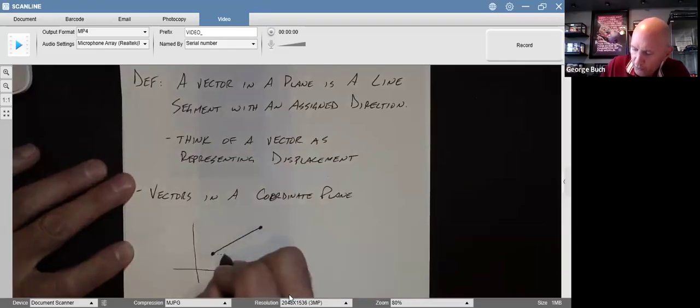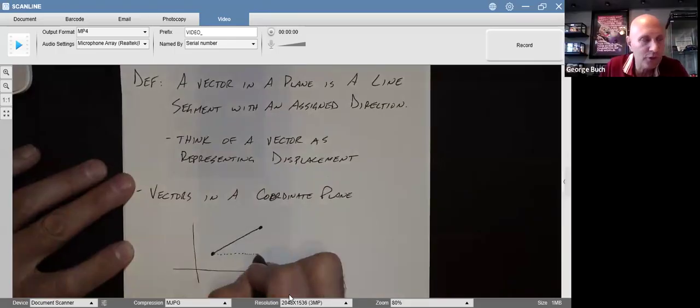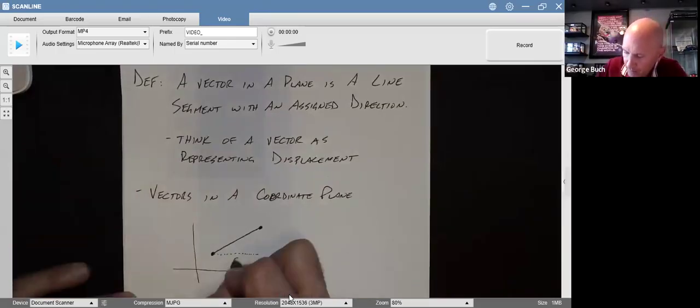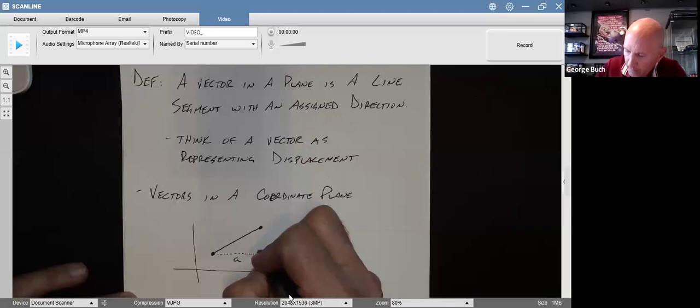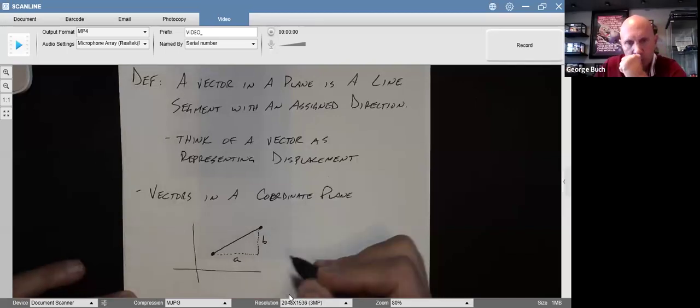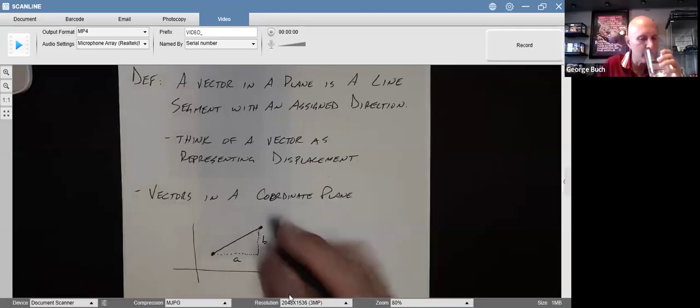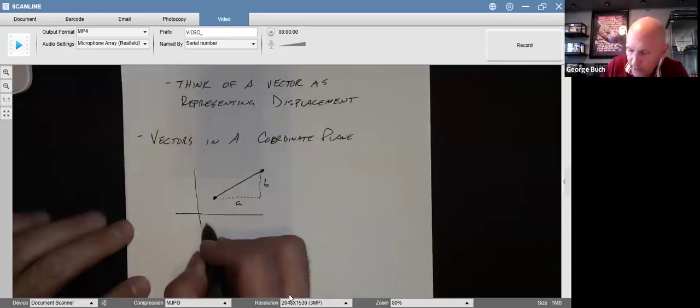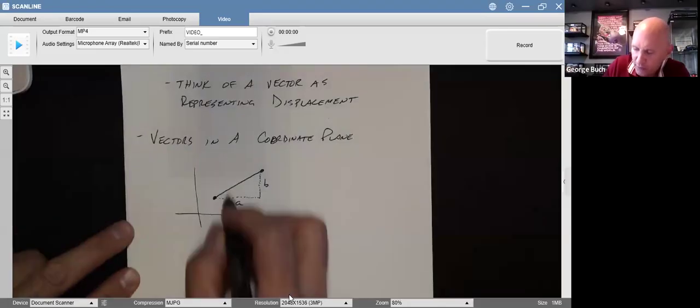We have our horizontal displacement or our horizontal component. Let's call it A. And then our vertical displacement or component, we'll call that B. And so we can notate this with a vector by doing the following.